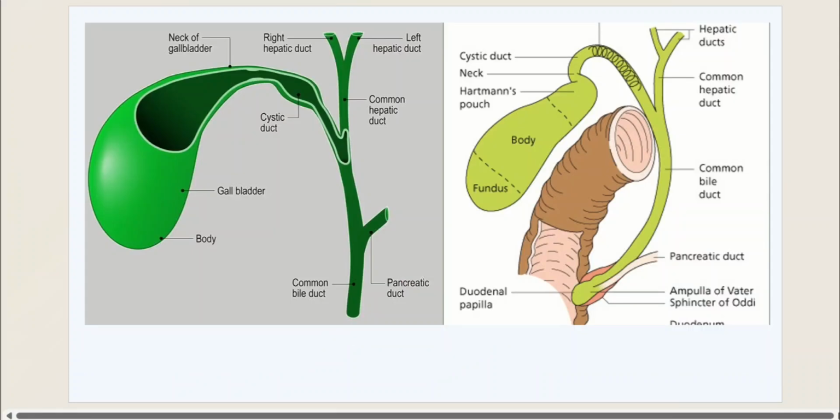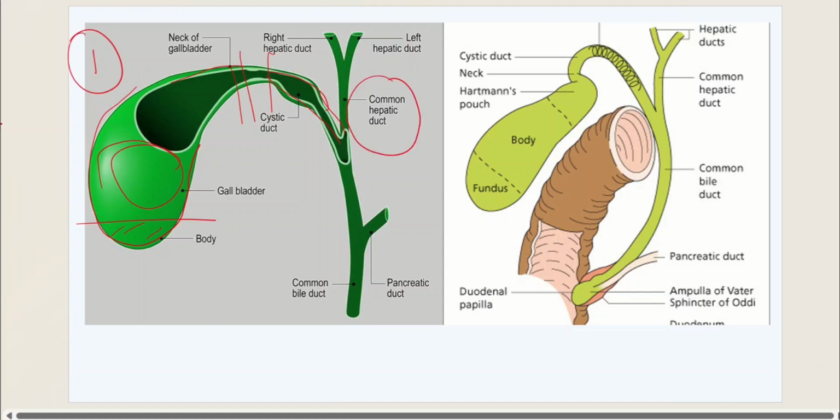The first one is a diagram to show different parts of the gallbladder and the cystic duct. Here you can see the gallbladder fundus. This is the body of the gallbladder. Then we have the infundibular area, neck, and then cystic duct. Now the cystic duct combines with the common hepatic duct.